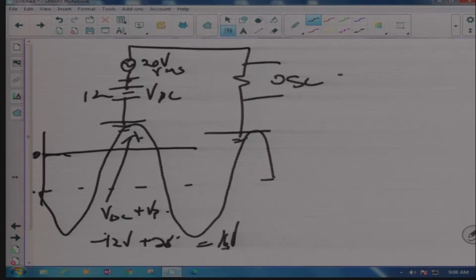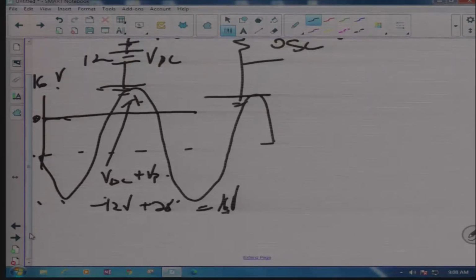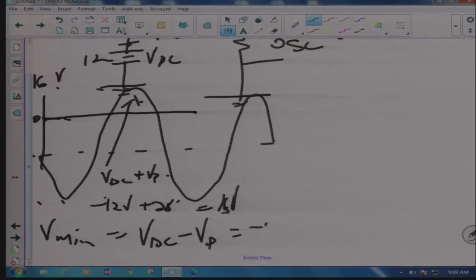Now, that's my V maximum, it's positive 16 volts. My V minimum is that point there, the lowest value, which I can calculate. Let's say my V minimum is equals to VDC minus V peak. My VDC, we know that it's minus 12 minus 28, which gives me roughly minus 40. Therefore, this point in here, you've got to fully label it, it's minus 40.